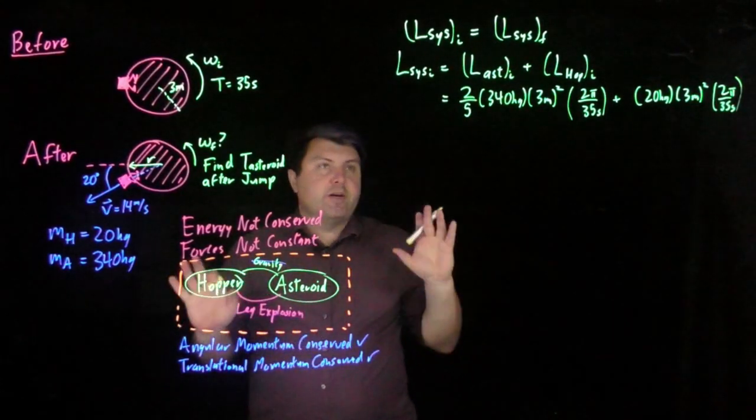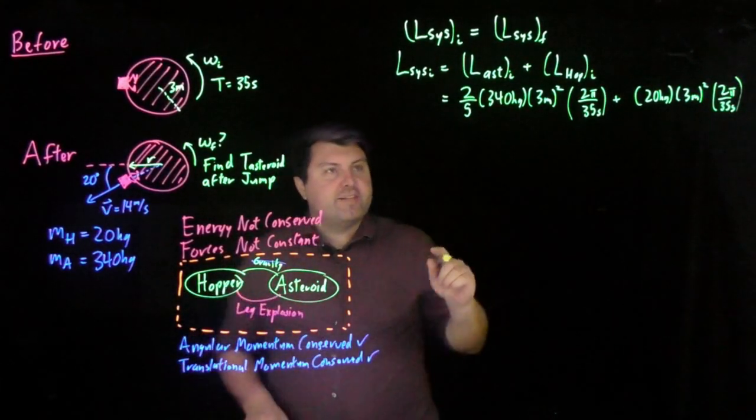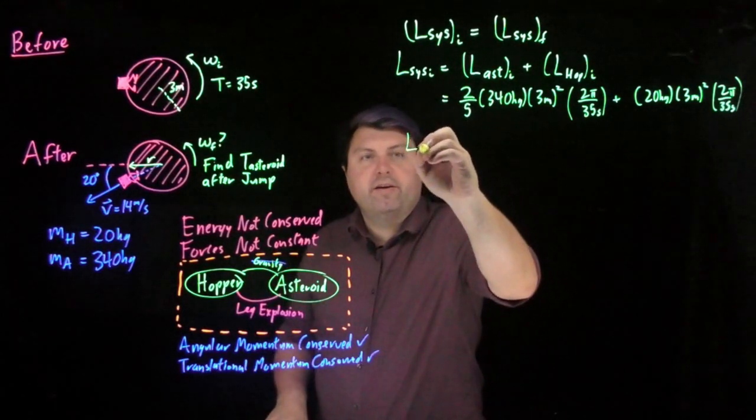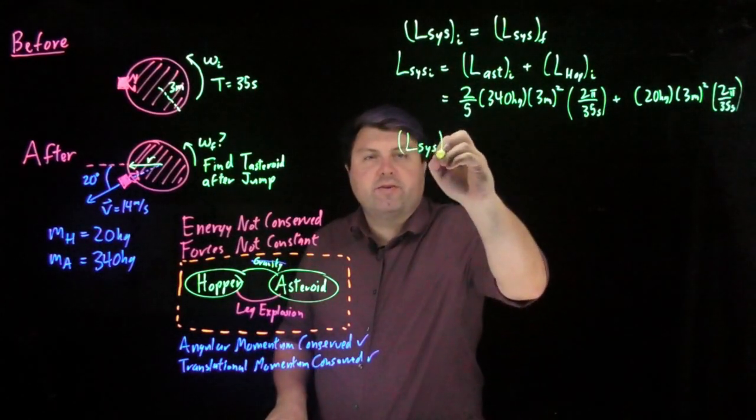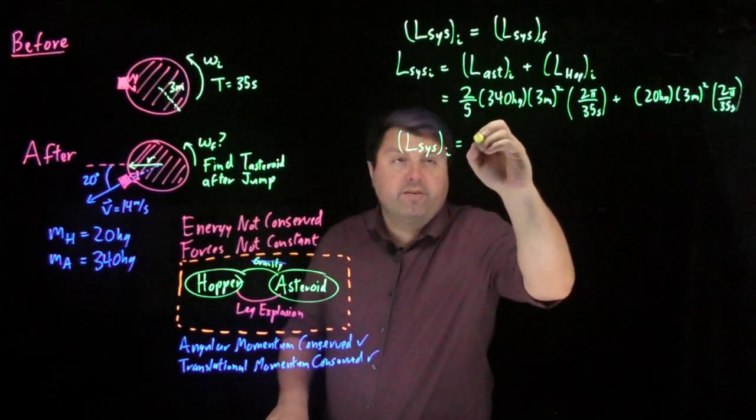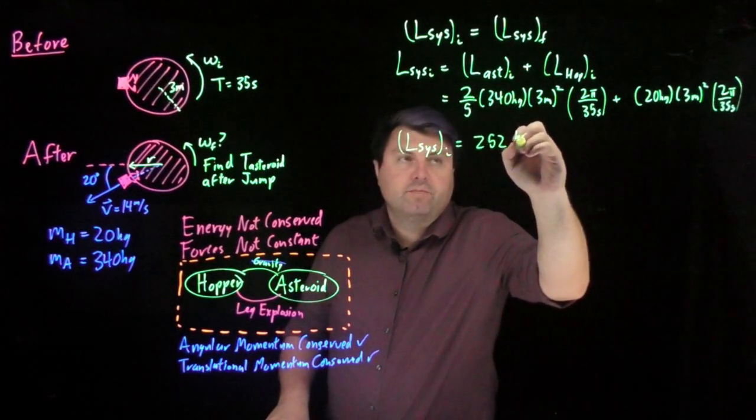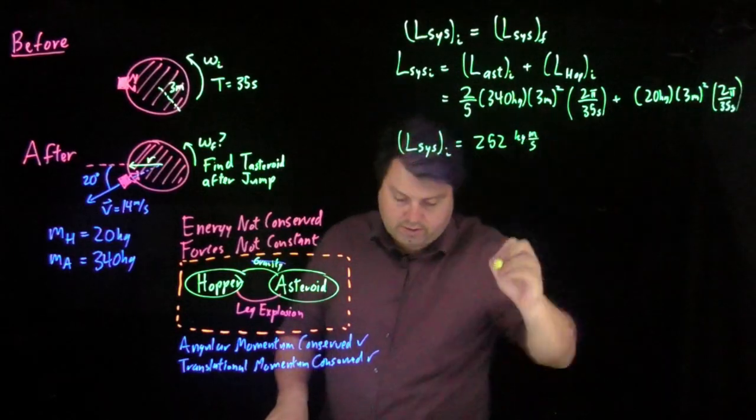So now we have just numbers. If you want to plug this into your calculator, great time. I've already plugged it into my calculator. The angular momentum of our system initially is 252 kilogram meters per second.